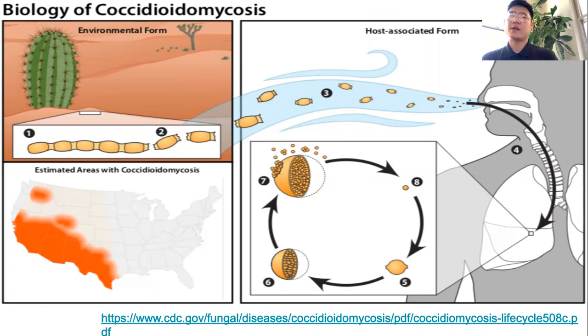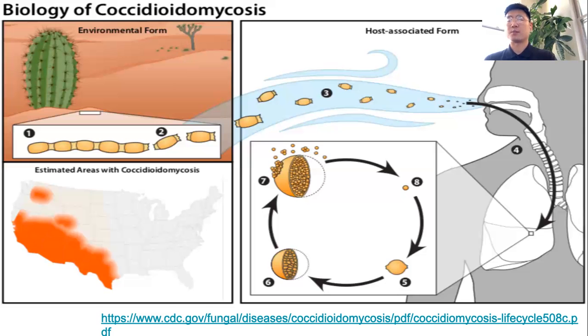So these fungus lay dormant in thread-like structures within the soil in these areas, and it is depicted in the number 1 on the slide here. And once that soil is disrupted, the spores become aerosolized, and this is depicted in the number 2 and 3. Once aerosolized, these spores can become inhaled by humans where they settle in the lungs, depicted in number 4.